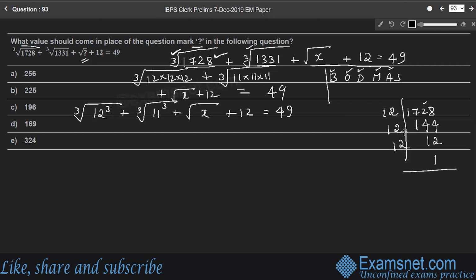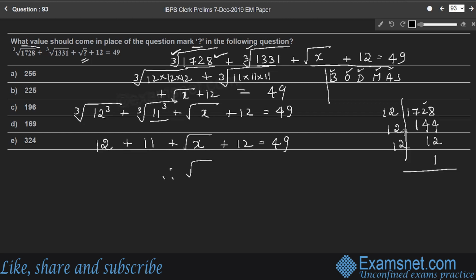The cube root of any number's cube is equal to the number itself. So the cube root of 12 cube is 12, plus the cube root of 11 cube is 11, plus the square root of x plus 12 is equal to 49.